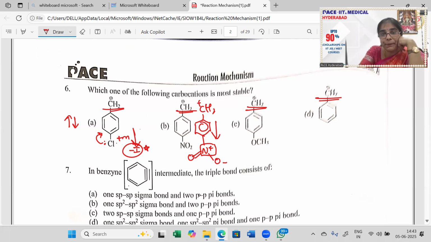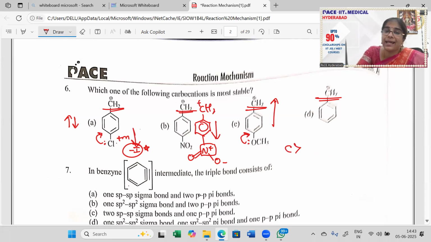And then option C, look at this too. Oxygen is a giving group. Oxygen is a lone-paired element, directly attached to the ring, and will donate the pair of electrons into the ring. Thereby it is giving the electrons, so it can reduce the positive charge. And D will not do anything, which means I have C better.